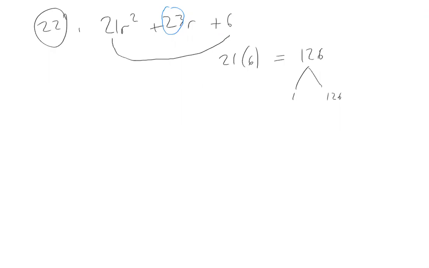It breaks apart into 2 times 63, or it breaks apart into 3 times 42, or it breaks apart into 7 times 18, or it breaks apart into 9 times 14.